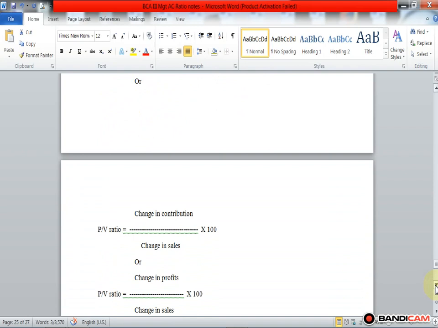PV ratio is also calculated using another formula: change in contribution divided by change in sales multiplied by 100. This formula is very important. If your problem gives two years' profit, that is the previous year's profit and the current year's profit, along with the sales, you have to find the PV ratio.